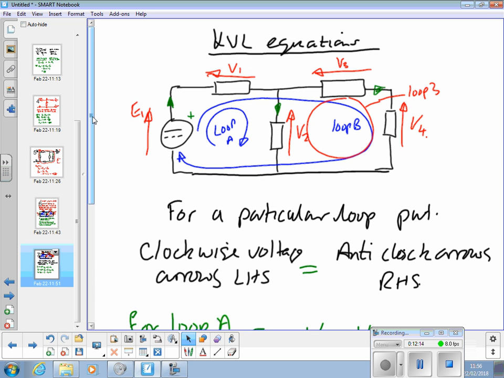Rearrange as appropriate to find the unknown. Examples.